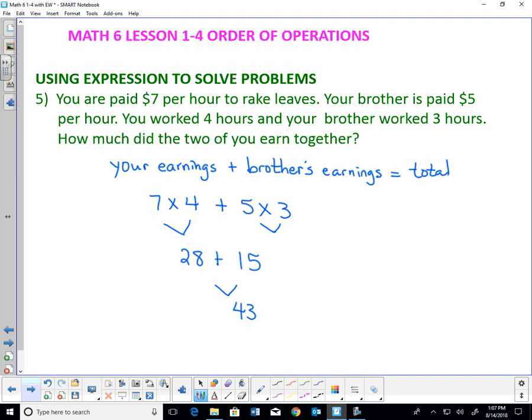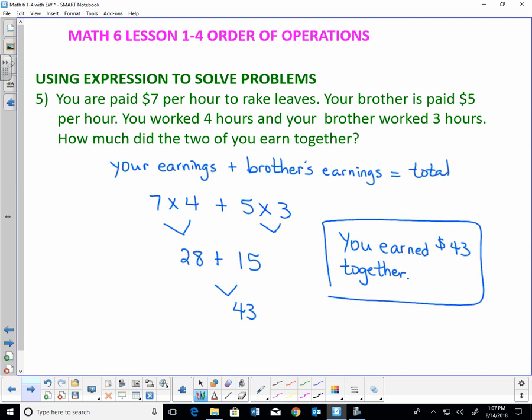So what did you earn together? You earned $43 together. And this is how you use the order of operations.